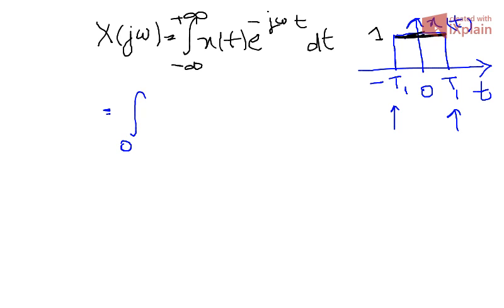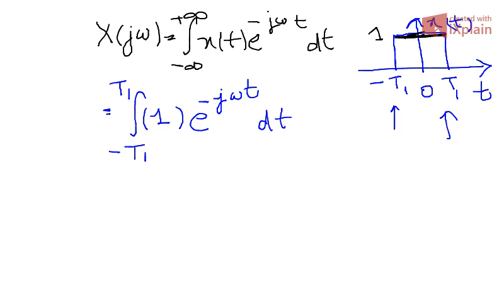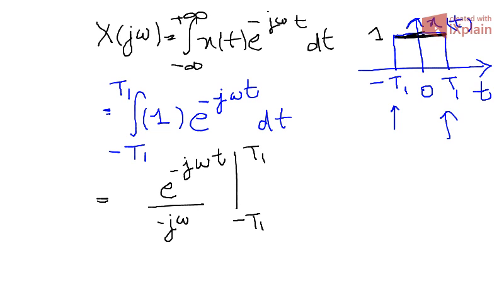So the signal x of t exists only from minus t1 up to t1, and x of t is 1 in that period, which is multiplied with e raised to the power minus j omega t dt. Now we can solve this integration. It's a simple one: e raised to the power minus j omega t over minus j omega, with the limits minus t1 up to t1.